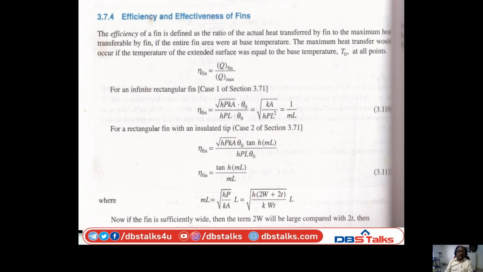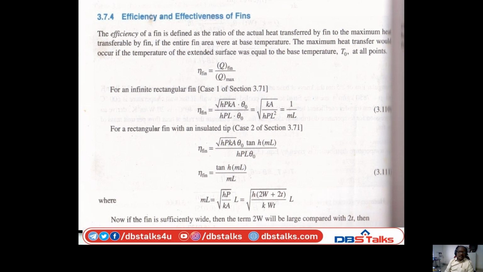So the efficiency of the fin we can simplify as 1 by mL. If you take a rectangular fin and substitute the particular dimensions, you will get tanh mL by mL. So this is a rectangular fin with insulated tip.